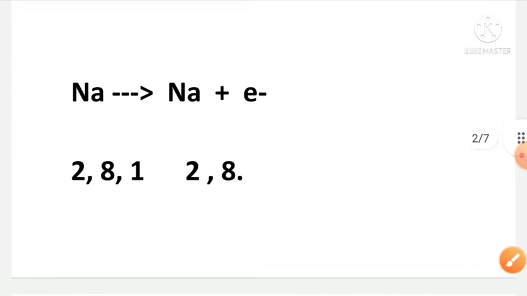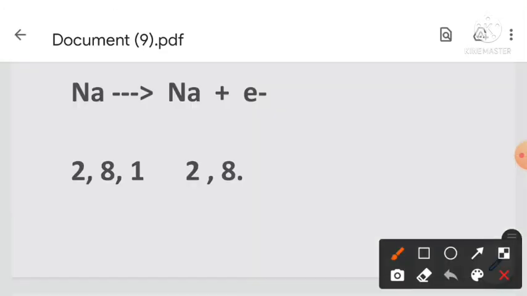So we see the next example. Sodium has the electronic configuration 1s2 2s2 2p6 3s1, and its outermost shell has 1 electron.